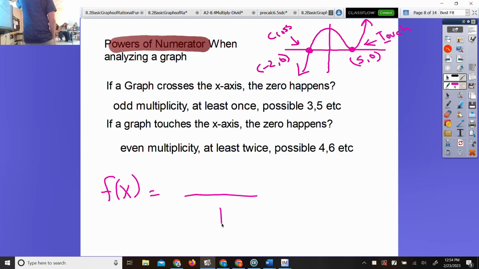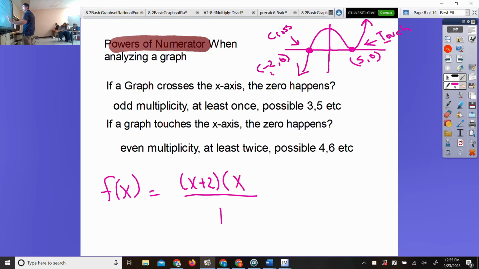If you have a 0 at negative 2, what's the factor that creates it? X plus 2, kids. Factors. You've done that. If you have a 0 at 5, what's the factor that creates it?